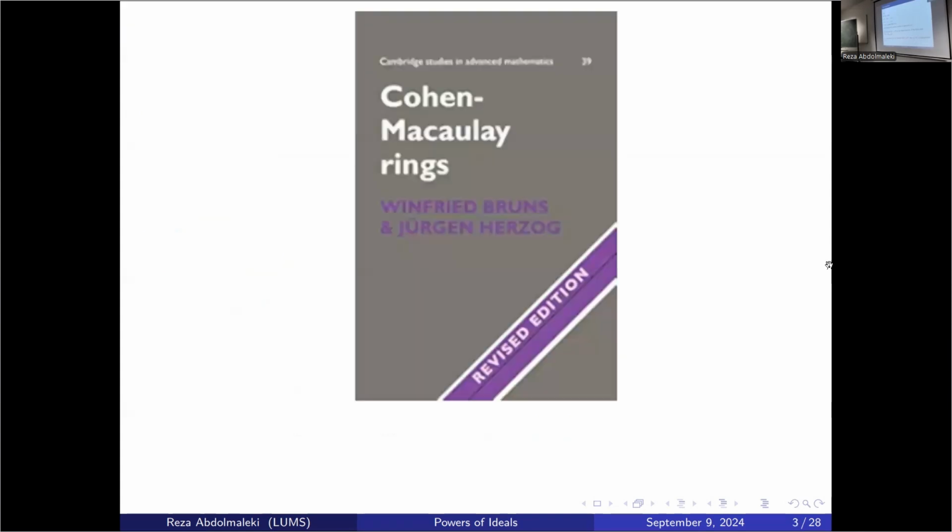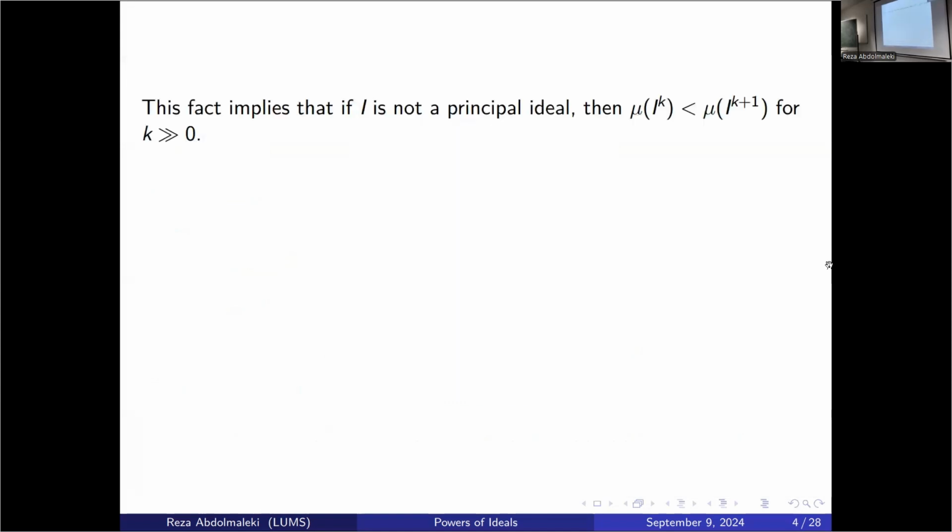In particular, this implies that if I is not a principal ideal, which means I is generated by more than one element, then mu of I^k is strictly less than mu of I^(k+1). That is, mu of I^k after this large enough k is a strictly increasing function, right?